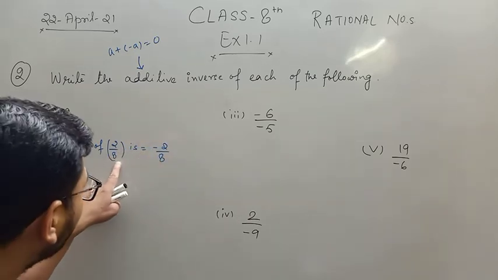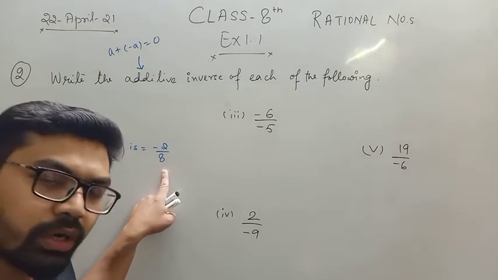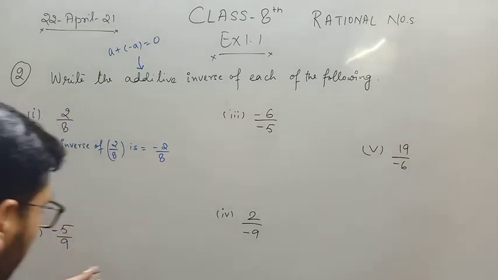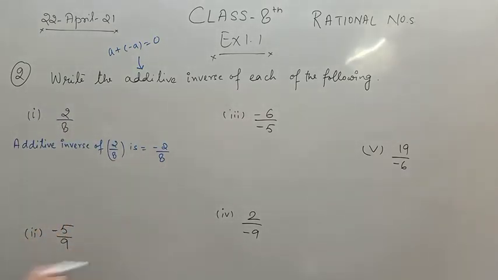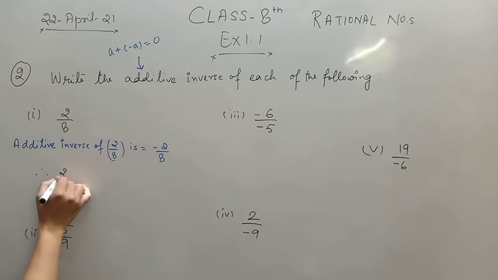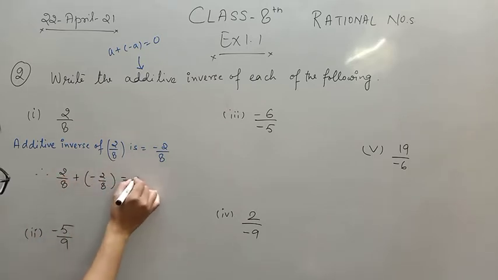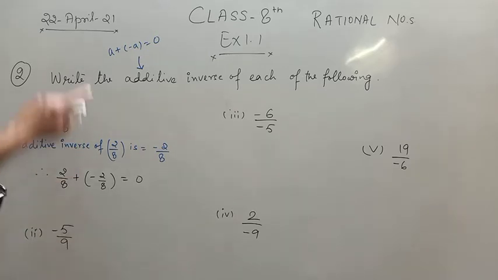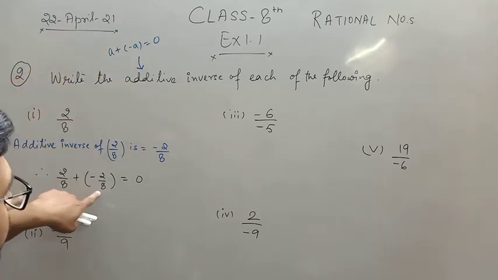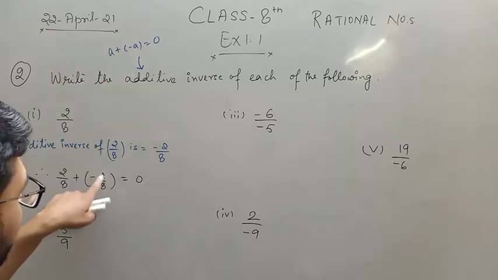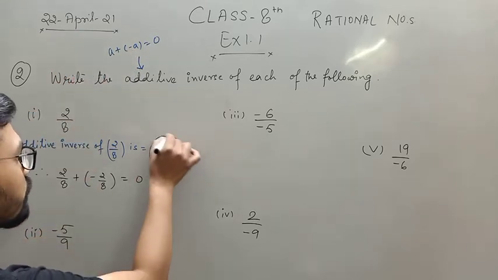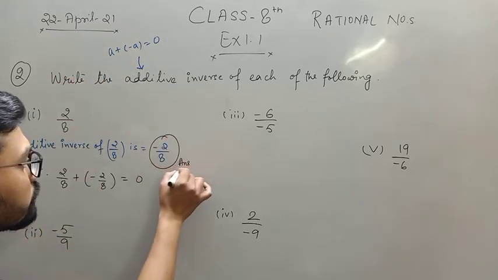If I add 2 by 8 with minus 2 by 8, the result I'll get is 0. So if A is 2 by 8, then the additive inverse of A will be minus A, that is minus 2 by 8. So minus 2 by 8 is your answer. Any doubt?